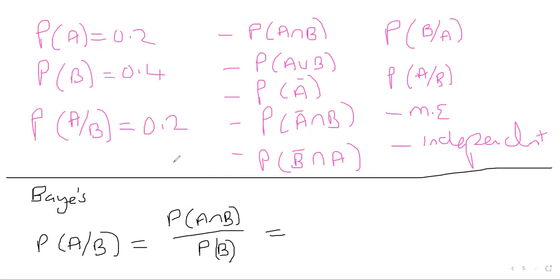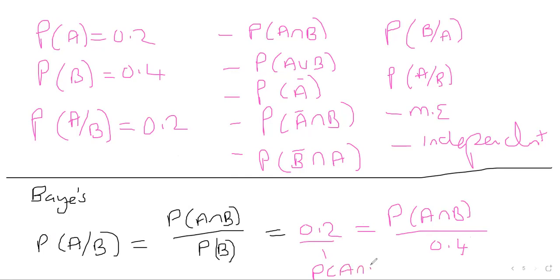Where there's A given B, we have 0.2. So we put our 0.2 here, equals the intersection, which we don't know. But we've been given the probability of B. Our probability of B is 0.4. So we cross multiply, 1 times that. Here we have A intersection B, because when we multiply by 1, it still remains A intersection B. Then 0.2 multiplied by 0.4 gives 0.08. So this is how we find the intersection.